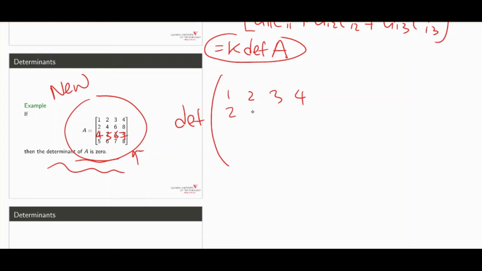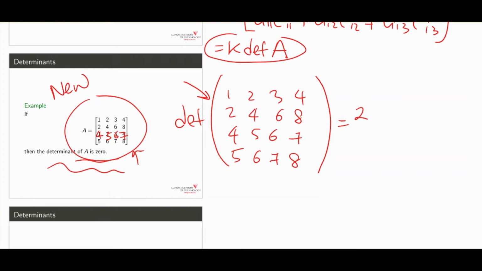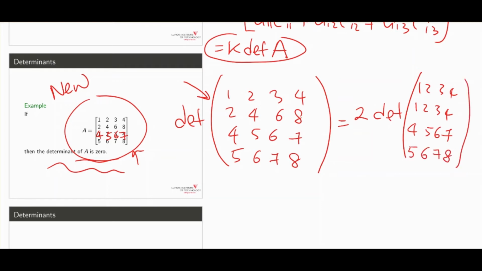So you have 2, 4, 6, 8, and then you have 4, 5, 6, 7, and then you have 5, 6, 7, 8. So I am factoring out the factor 2 in the second row. So I'm taking it out. So that's 2 times the determinant of 1, 2, 3, 4, then this will be 1, 2, 3, 4, and then the rest is the same. I'm factorizing it only on a specific row. In this case, we are factorizing it on the second row.